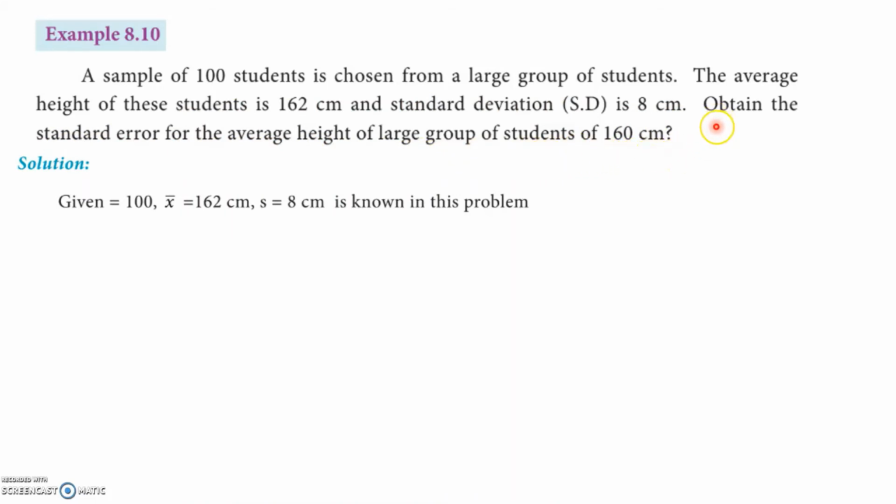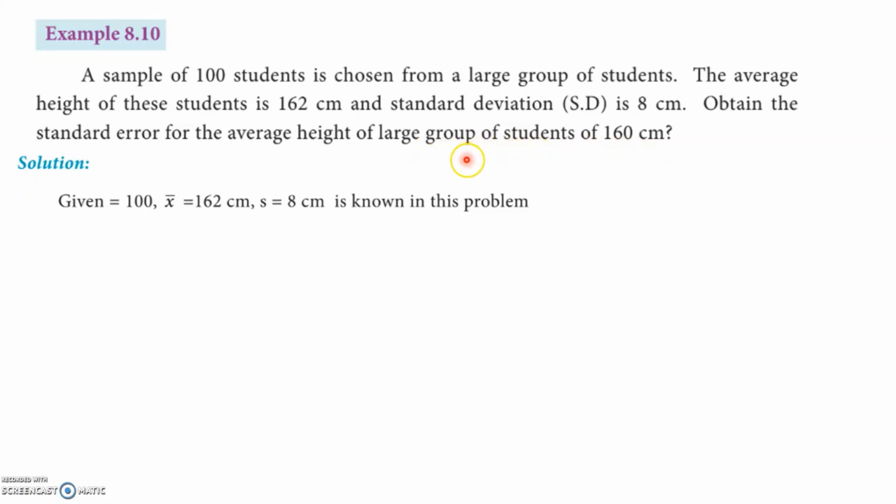So we are asked to find the standard error for the average height of a large group of students of 160 centimeters. Now the average height of the large group of students is 160 centimeters and you need to find the standard error for this. So here, what is defined for us is the population average height.